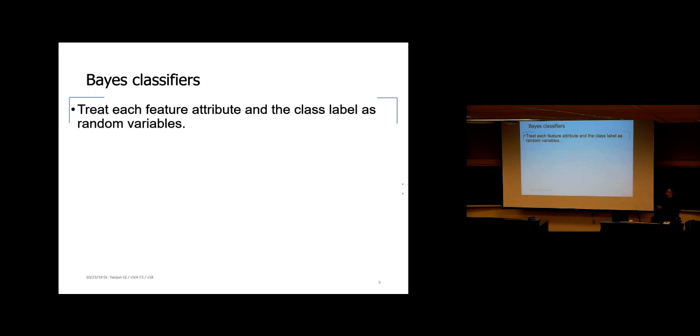In this case, the class variable, the output variable, takes the values C1 onto CL. This is the specific output random variable. For each feature, it depends on the properties of the feature, so it can be discrete, and it can also be continuous.